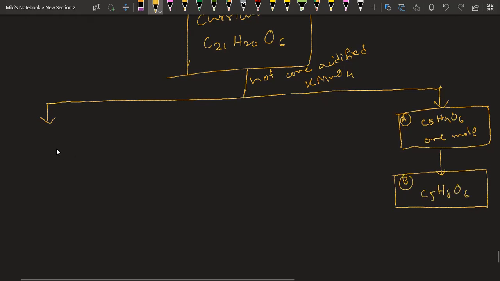Over here we have this product being formed, which is CO2H, and we have OCH3, and we have here OH. Remember, this is not alcohol, this is phenol.